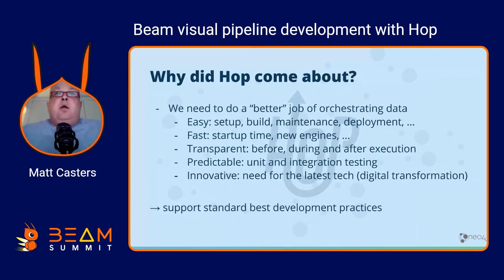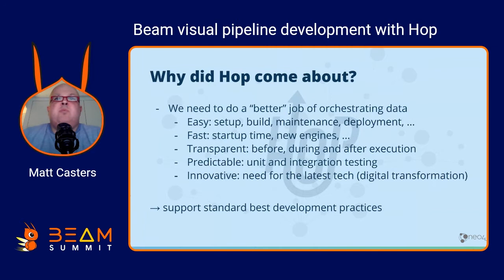Why do we have Hop coming about? Well, we need to do a better job of orchestrating data. We need to have an easy solution, easy in setup, build, maintenance, deployment. Easy is such a wide and important topic. Fast also means not just running fast with engines like Spark, Flink, Dataflow, but also fast startup time and fast to market. When a new engine pops up, we want to be there.